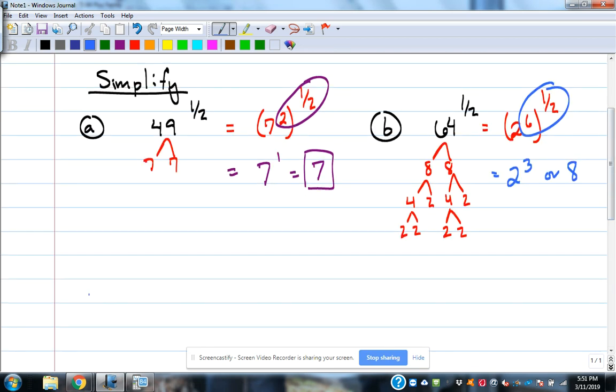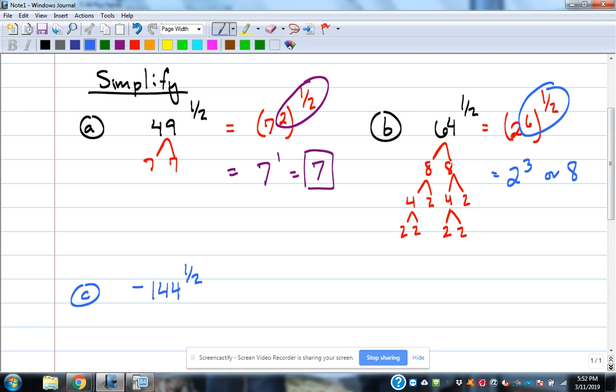Example C, say we had negative 144 and then the 1/2 power. This is a little tricky problem here because the negative symbol is just hanging out in the front. It's really not negative 144 to the 1/2 power. It's negative and then 144 to the 1/2 power.